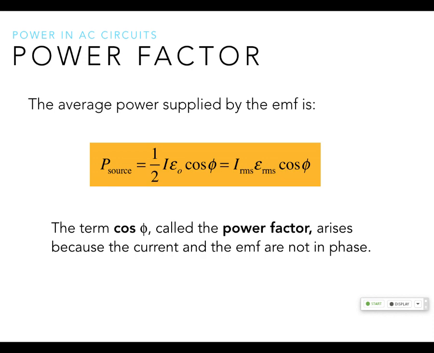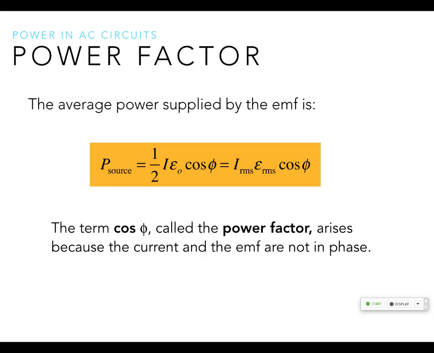And what I really want you to look at is, what does this cosine phi do to your equation? When is it maximum? What phi gives you a maximum power? 0, okay? So you want to be on resonance to get your maximum power.